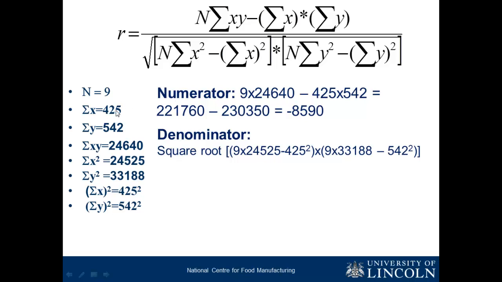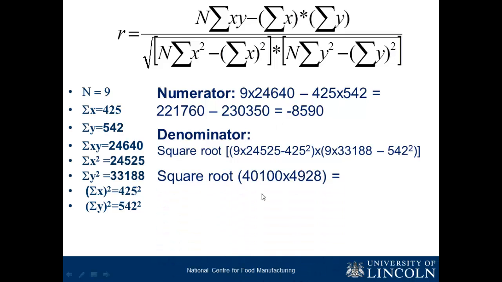This is summation x. Square that, 425 square. Multiply by 9 and summation of y square. This is our summation of y square, 33188. 33188 minus summation y, 542. Then square that.